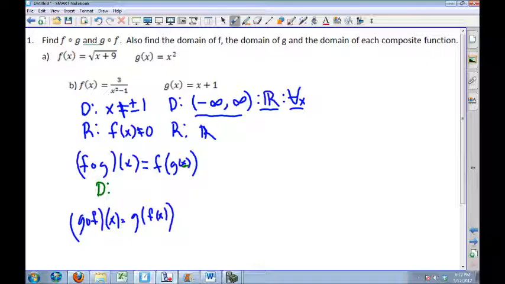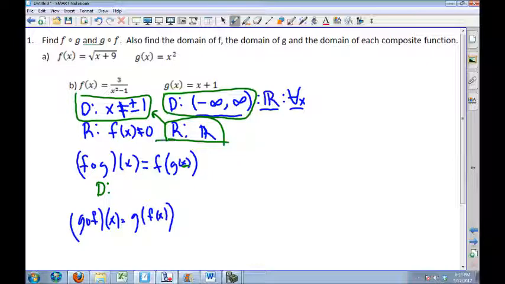So g's domain, all real numbers. From that I get out all real numbers, which I then plug into the domain for f of x. Well, now here I have a problem, because I cannot plug all real numbers into f of x. There are restrictions. Specifically, I cannot plug in values of g of x which are equal to 1, or values of g of x which are equal to negative 1.